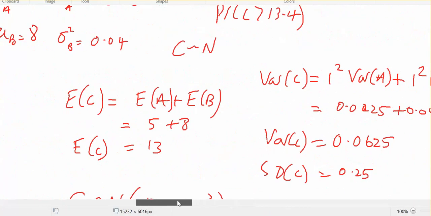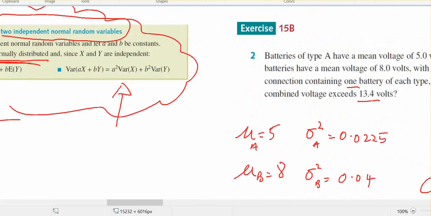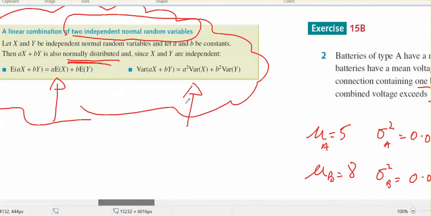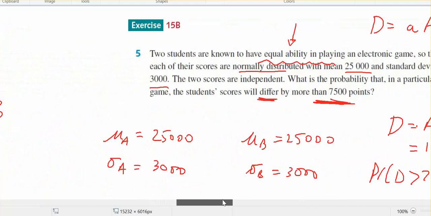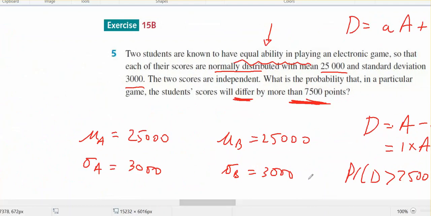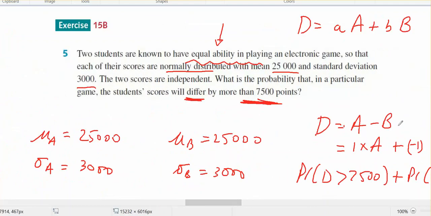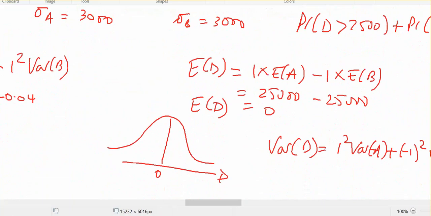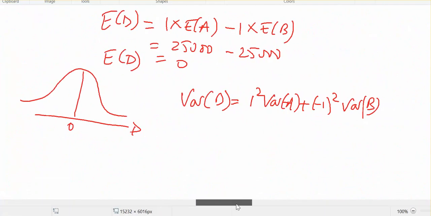Notice that for these rules, it's the variance of the first one times its multiplier squared and the variance of the second one times its multiplier squared. So in this particular case, even though it's A minus B, I'm going to add the variances together.